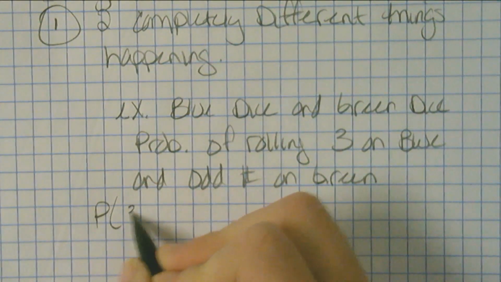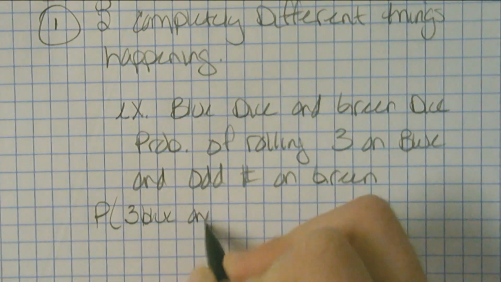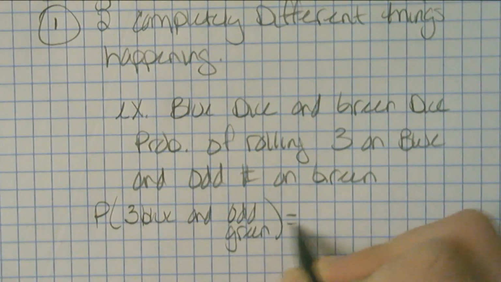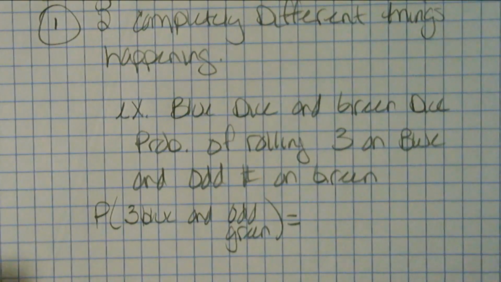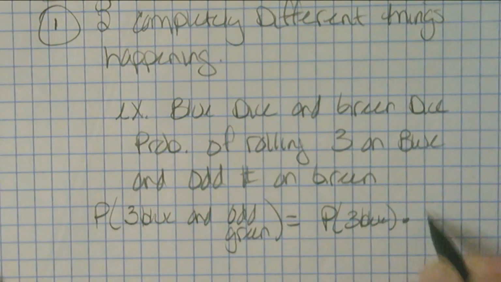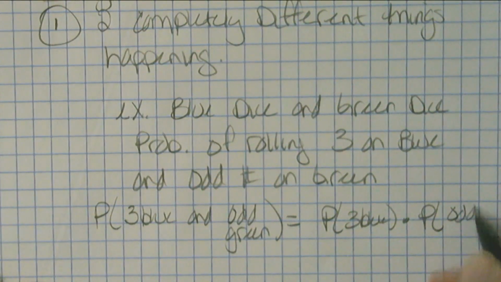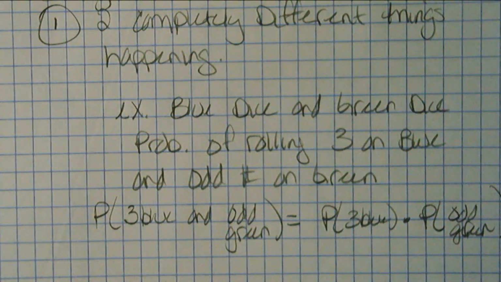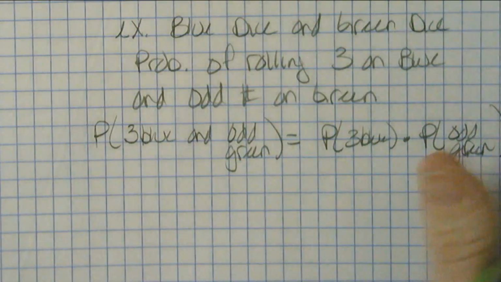So I'm going to use my probability. I'm going to say 3 blue and odd green equals the probability of a 3 blue times the probability of an odd green. That's the formula we're using, and now we're going to use our singular probability formula.